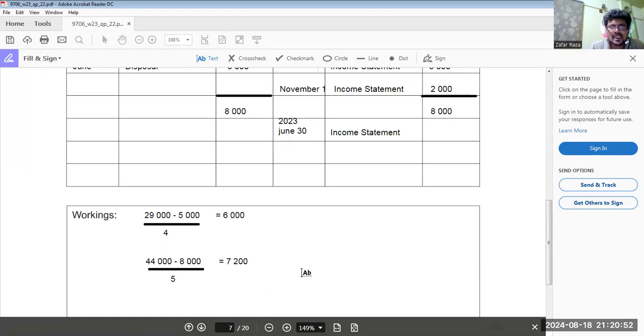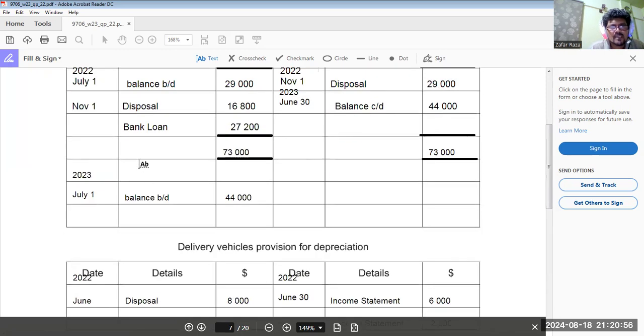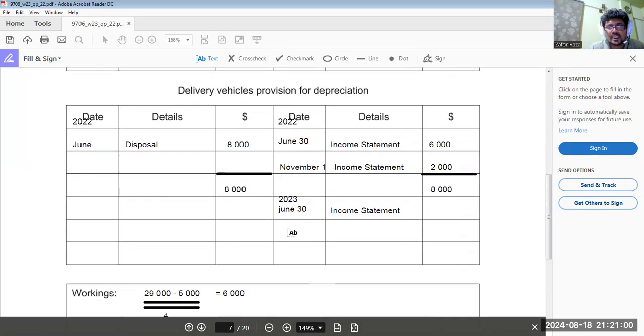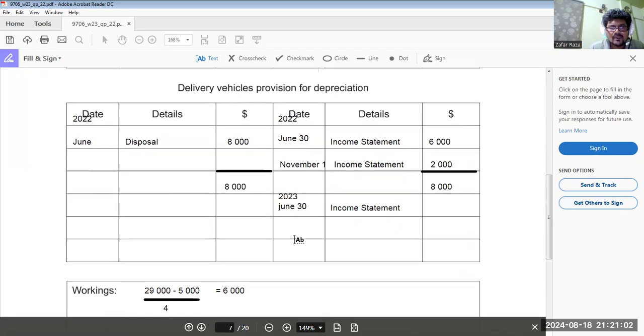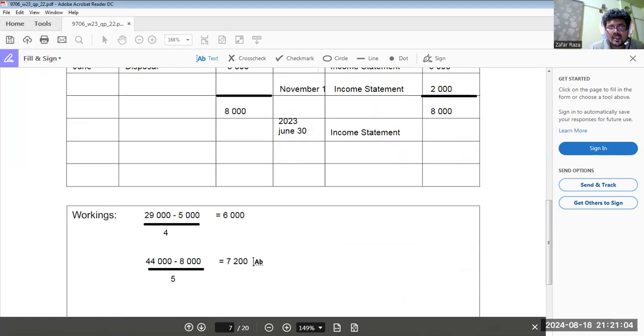But what happens? This new machine was bought on which date? November 1, 2022. And we are on June 30, 2023. It means how many months for this year? November, December, January, February, March, April, May, June, 8 months. So if we calculate 8 months depreciation, multiply by 8 divided by 12.